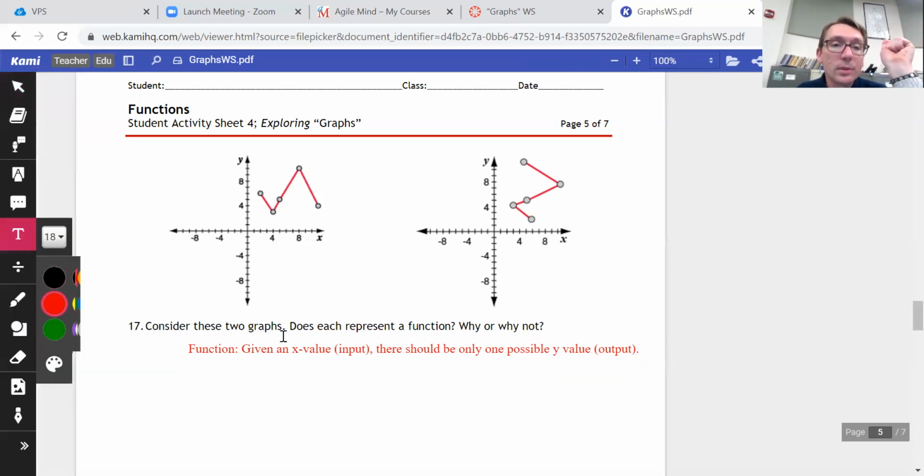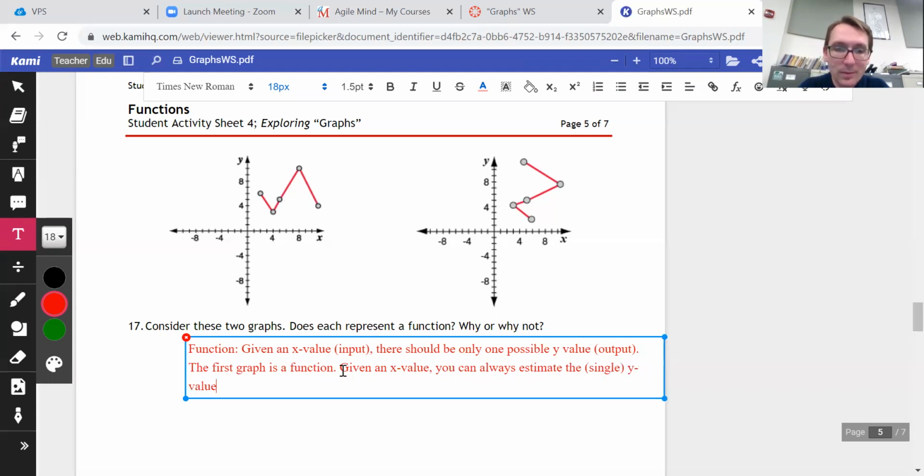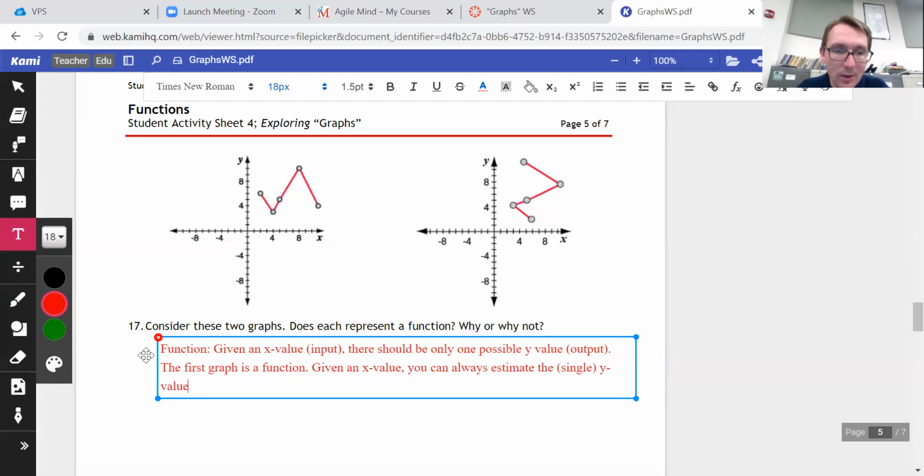So the first graph is a function. Given an x value, you can always estimate the single y value. Let's scoot this over a little bit.